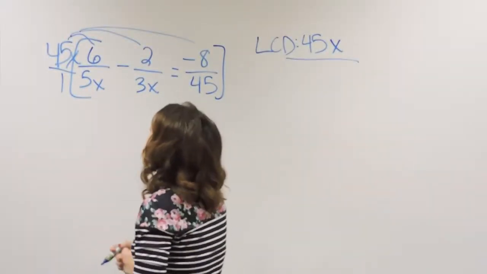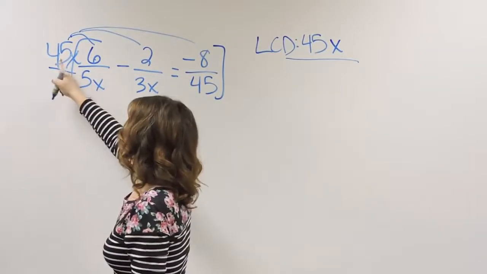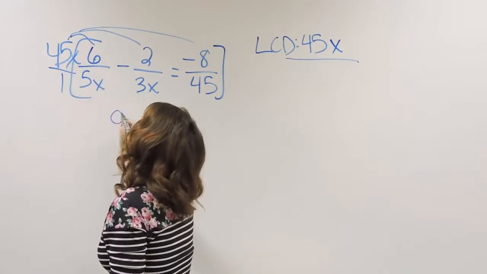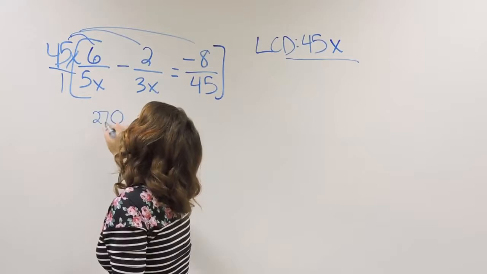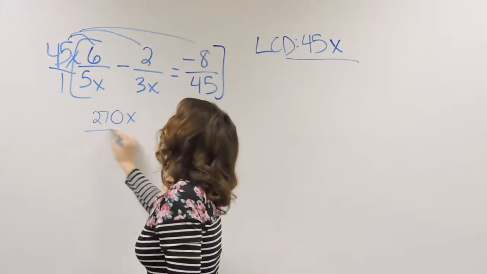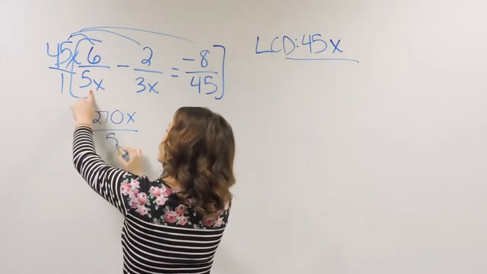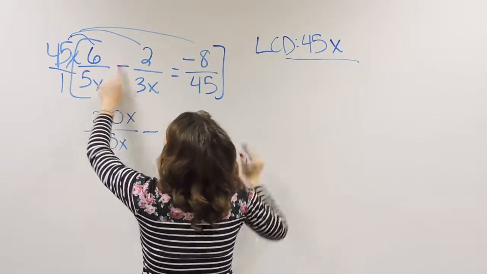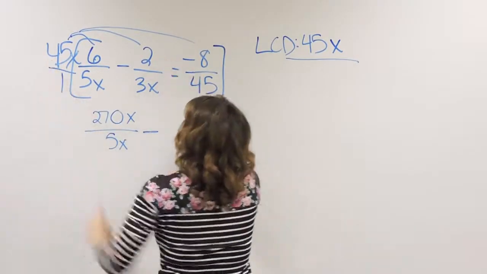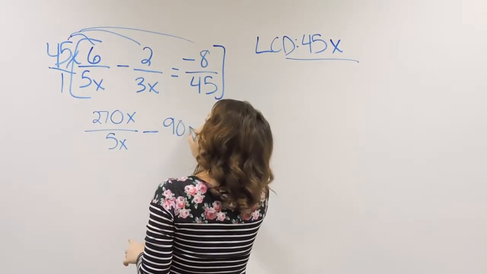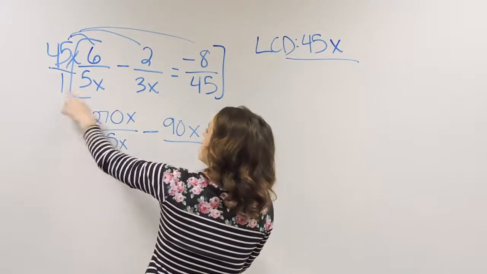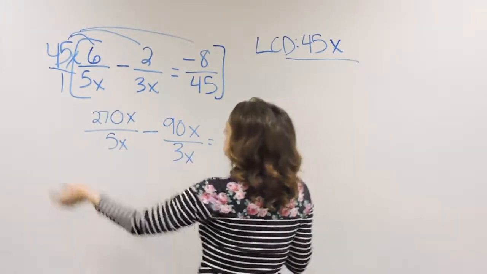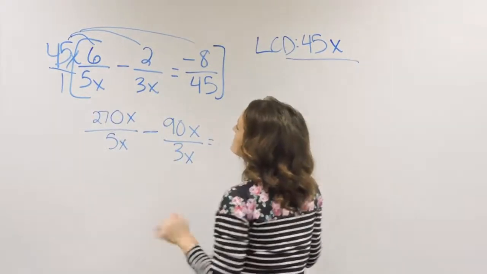So 45x times 6, 45 times 6 is equal to 270x over 1 times 5x is 5x. Bring over this minus sign. 45x times 2 gives me a 90x over 1 times 3x is 3x. And this is going to equal 45x times negative 8.